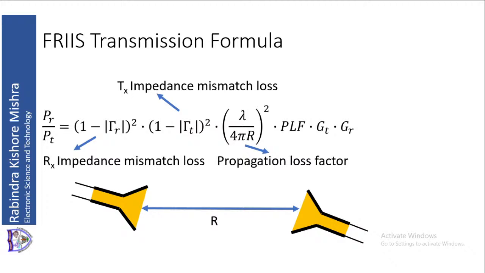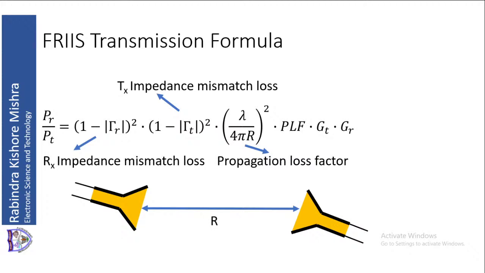Then under that condition, what will be the ratio of the received power to the transmitted power? One antenna is transmitting, the other antenna is receiving. Two antennas are there, a transmitting antenna and a receiving antenna. Then what will be the ratio of the power received to the power transmitted? When you come to the transmitting antenna, there will be a mismatch loss because of impedance.